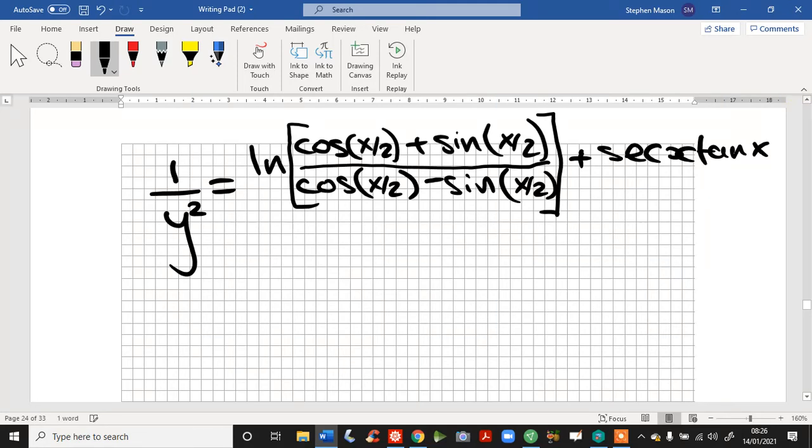And by the way, there should really be a constant in all of this, but we'll just ignore the constant for now, and that's divided by sec squared x.